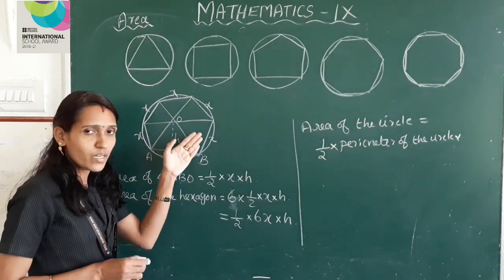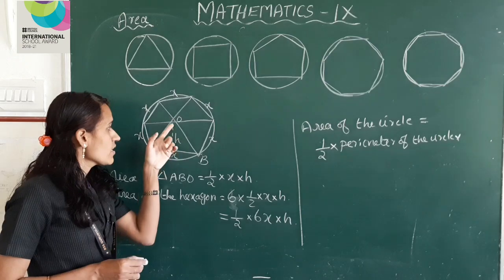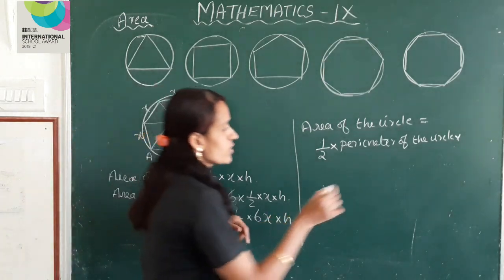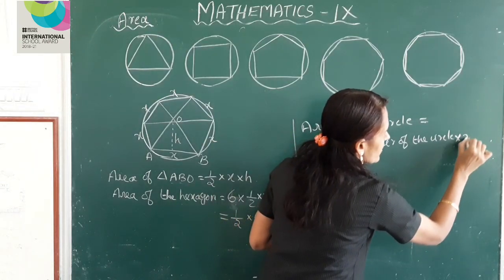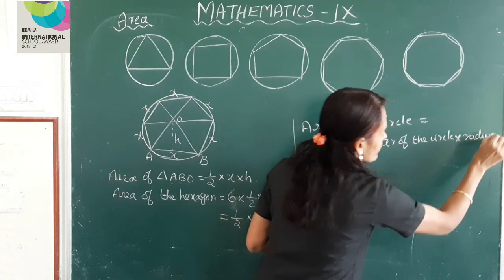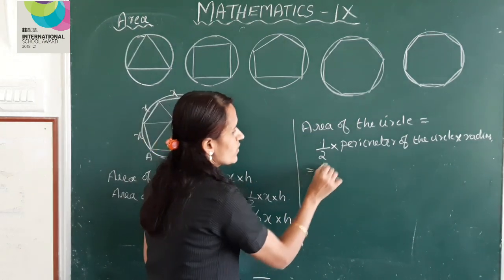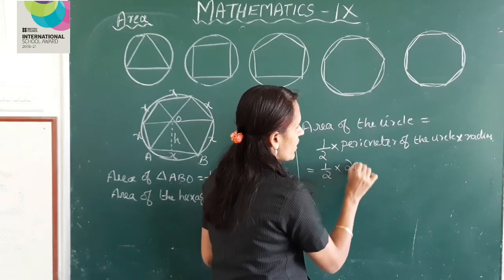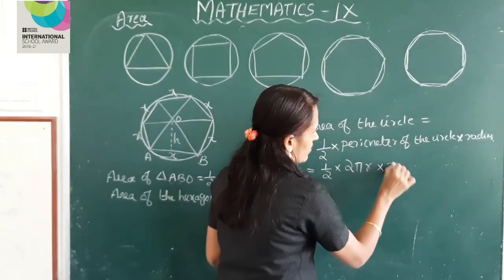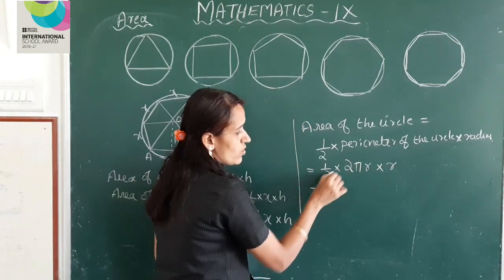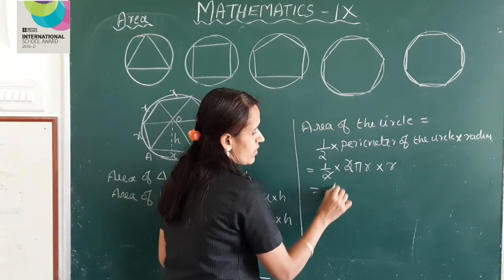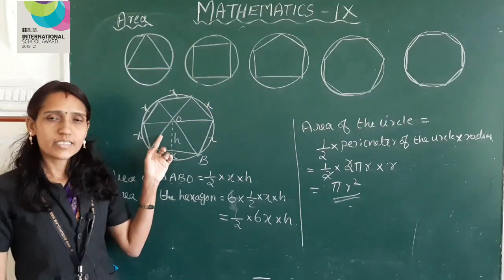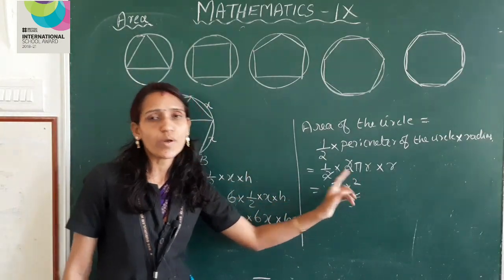As the number of sides of the regular polygon increases, the height comes closer and closer to the radius. So here it is the radius. This is equal to half into the perimeter of the circle, that is 2 pi r, into r. 2 divided by 2 is 1. Pi r into r, pi r square. So the area of the circle is equal to pi r square.